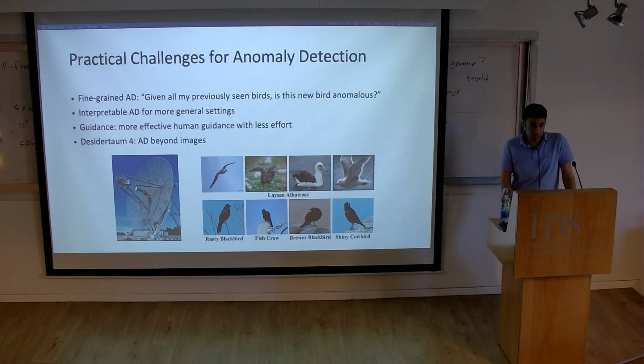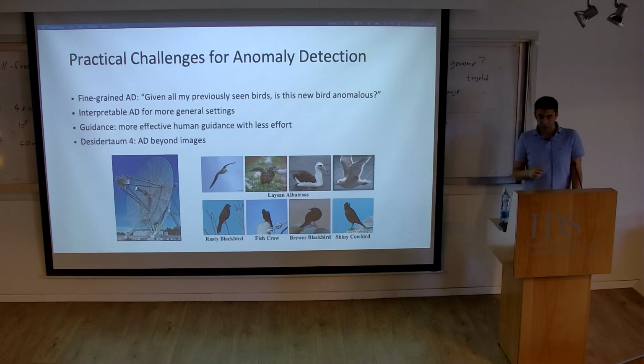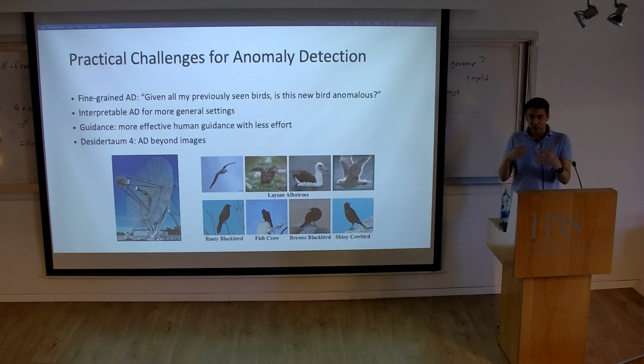This sort of fine-grained anomaly detection, which is often what we want in more fine scientific applications, is very, very challenging for existing anomaly detection approaches. Broadening the range of settings, making anomaly detection methods work on increasingly more fine-grained problems, is work in progress.